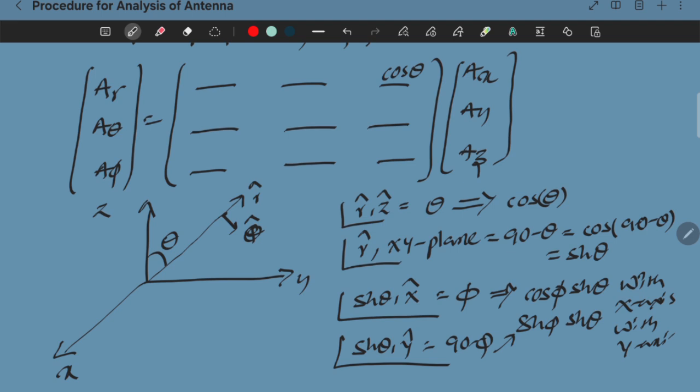So you will get cos of 90 minus phi is sin phi. So you can take these things in the matrix now. So sin theta cos phi, sin theta sin phi.